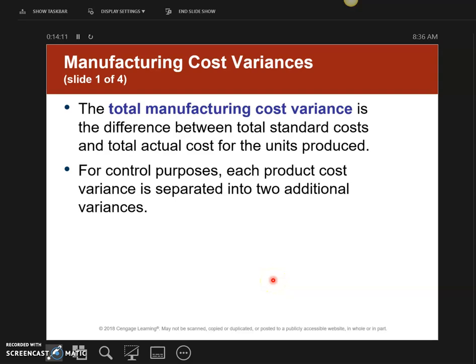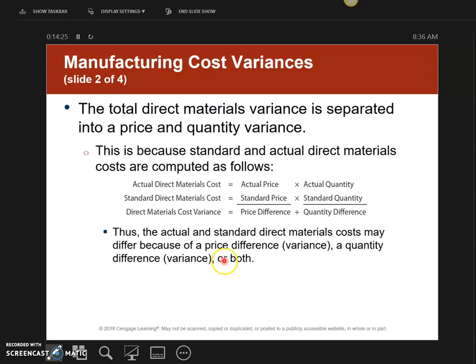So the total manufacturing cost variance is broken into standard cost and actual cost. And so I have some formulas that you can write down on the next few slides. But I also have the same information on a handout. So when we're talking about direct materials, it's the difference between the actual direct materials cost and the standard.